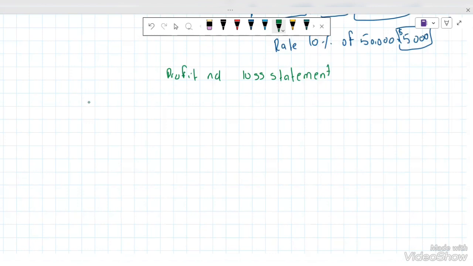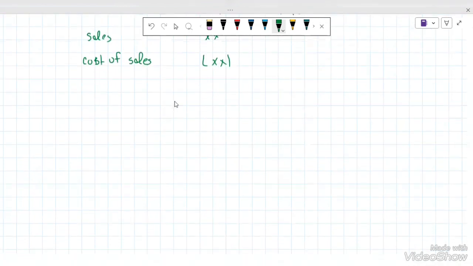So what we have to do, sales will be the same. And cost of sales will also be the same, which we are supposed to deduct from the sales. You know what will come under the cost of sales: it is basically opening inventory, plus purchases, minus closing inventory. After that, we will have gross profit.